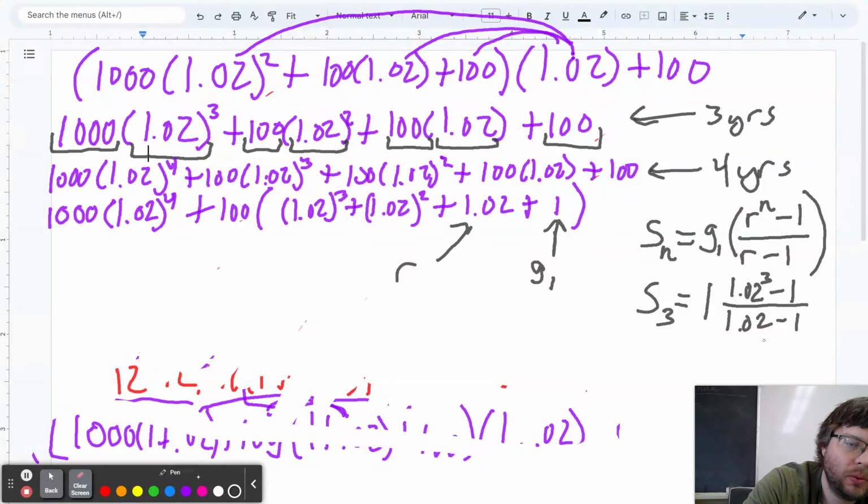And so what this leads to is a nice formula. I'm going to skip ahead a little bit and just generalize the formula here.